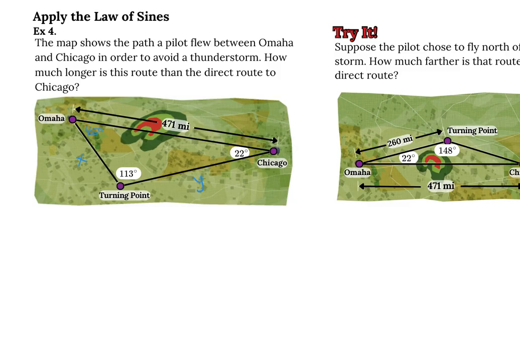And I can use the law of sines to find those missing measurements. To set this up, I would have sine 113 over the 471 miles equals my sine, I'll do X first, 22 over X. Cross multiply.